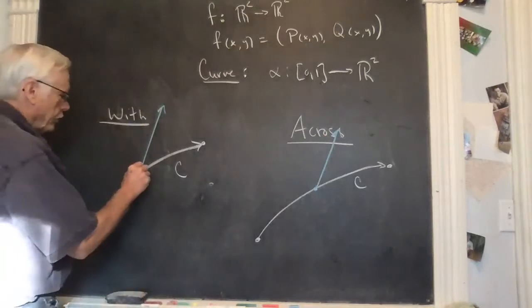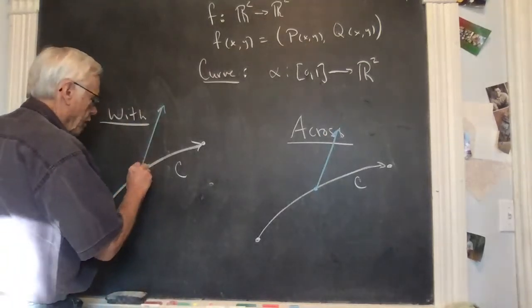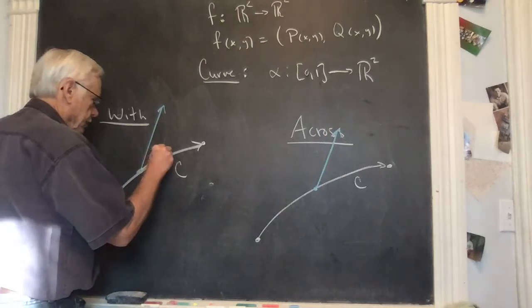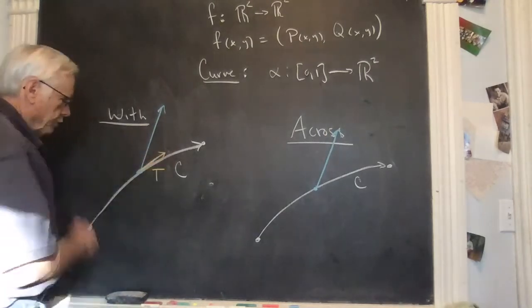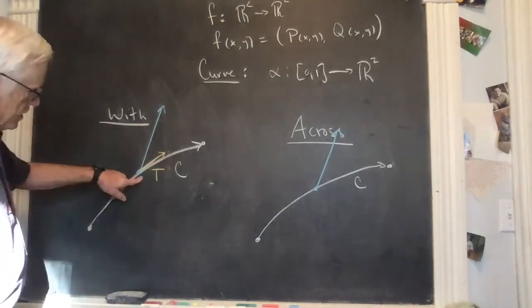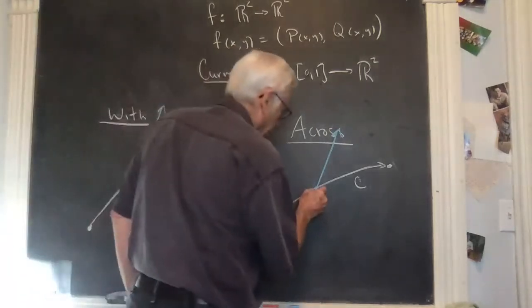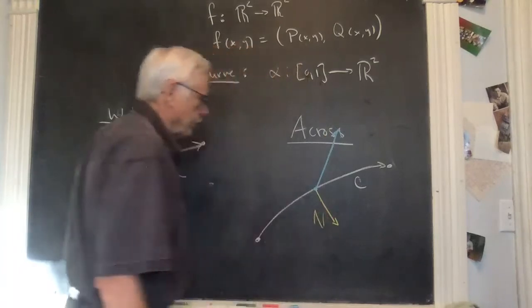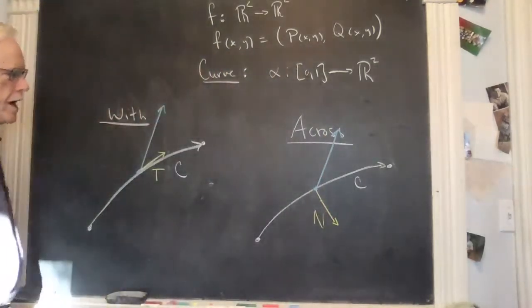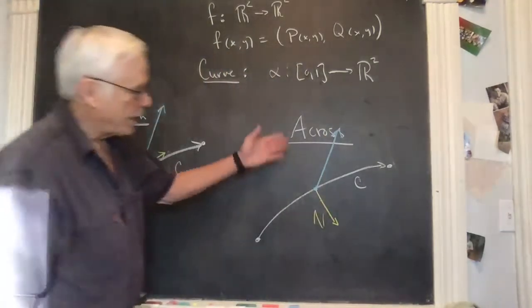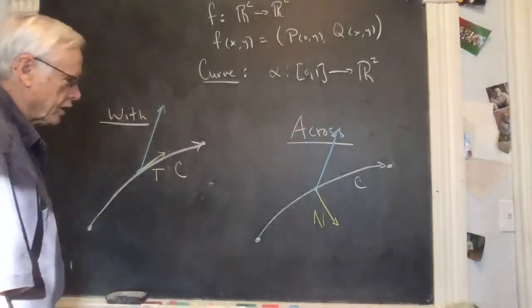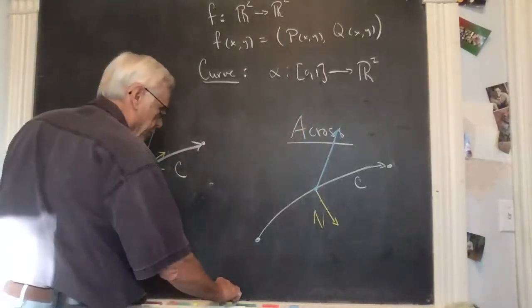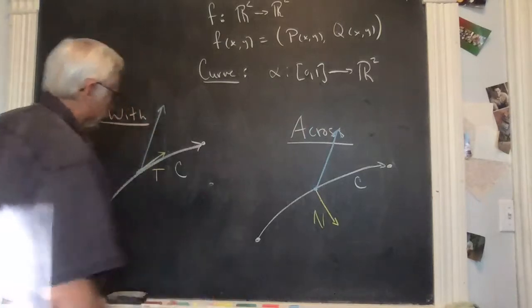For the force that's with you, we want to know the component of the force in the tangential direction. So I'm going to put a T here, and we want to know what it is in the normal direction. So we'll put an N here. In this case, it will be negative because it's got a component in the opposite direction. And these are unit vectors.